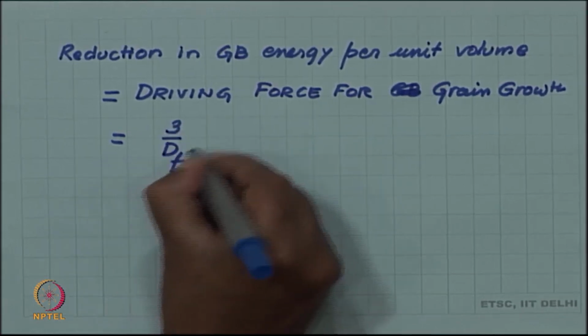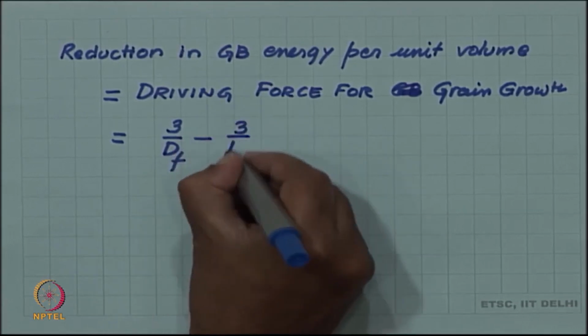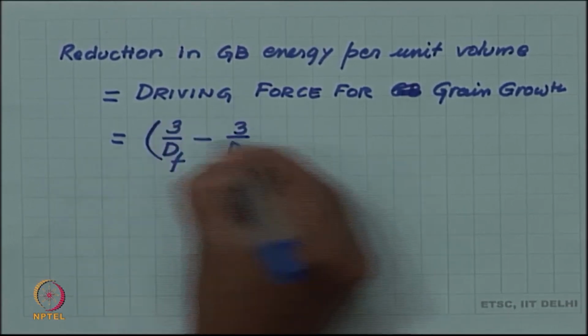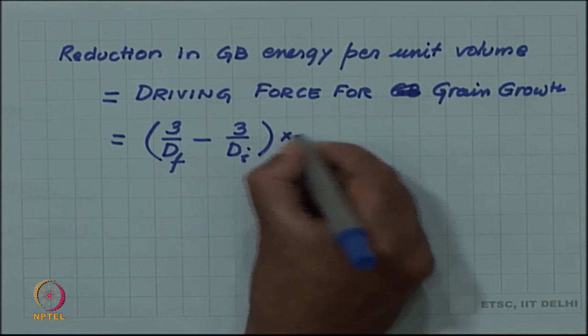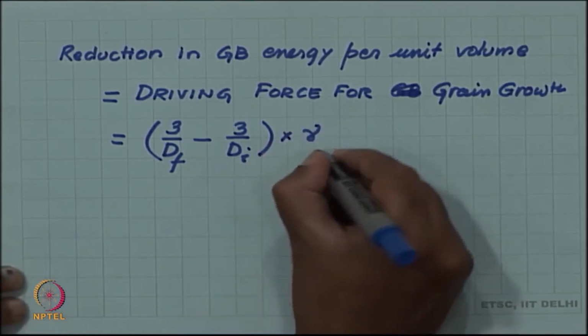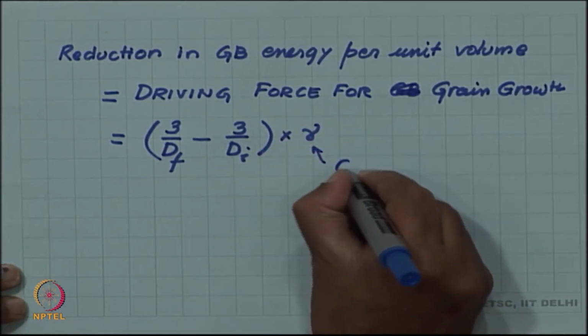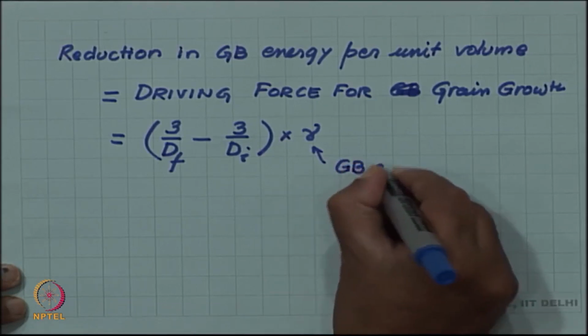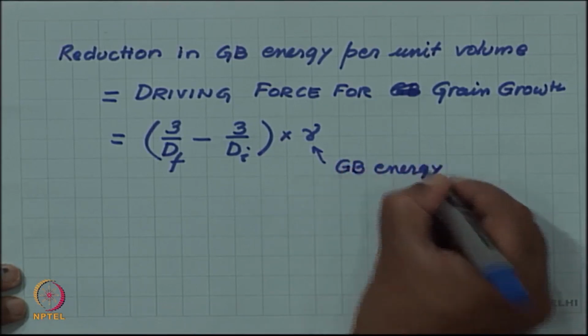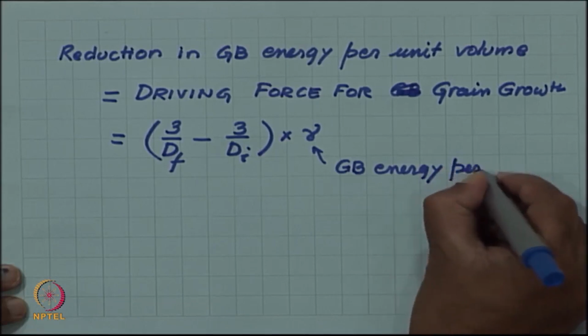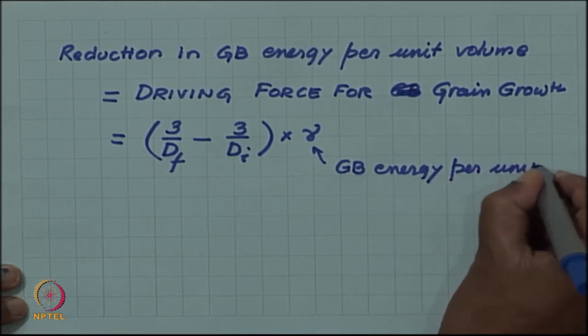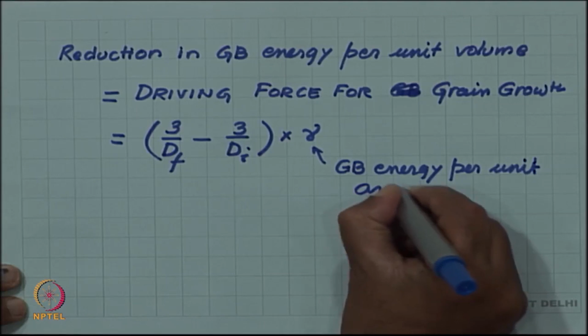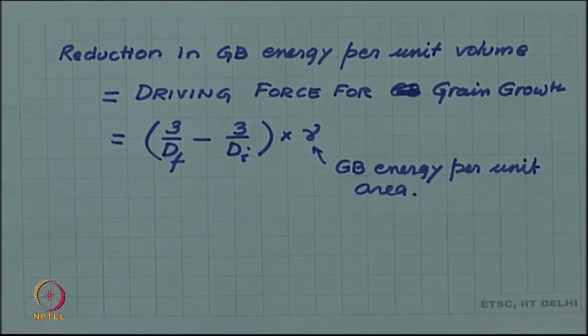It is 3 by df minus 3 by di times gamma, where gamma is grain boundary energy per unit area. So, this is how we can approximately calculate it.